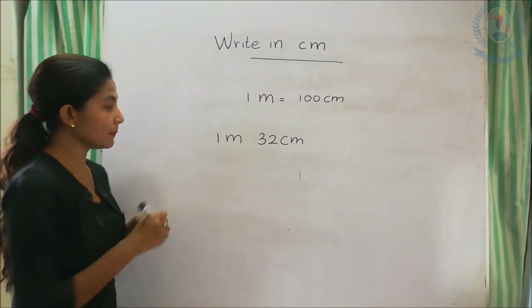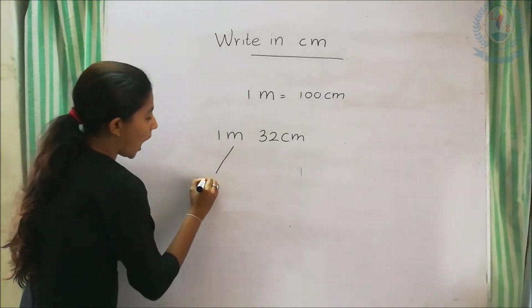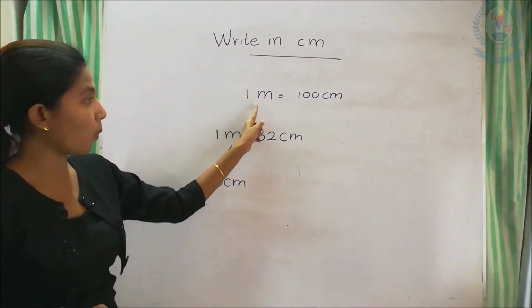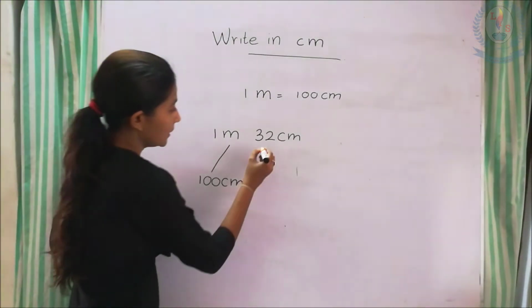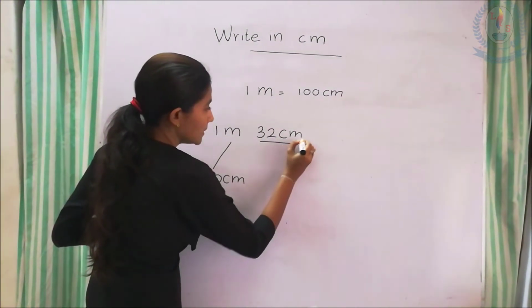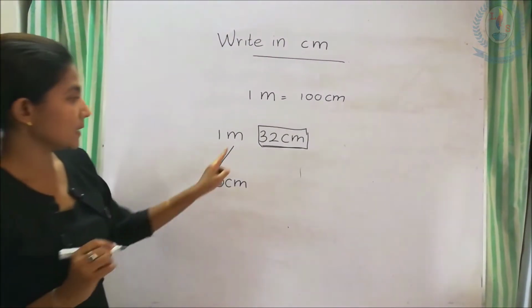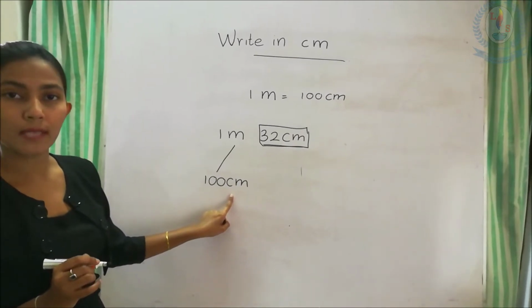So, 1 meter is 100 centimeters. Look here, 1 meter, 100 centimeters. This is already given in centimeters, so we have no need of converting this. This is given in meters, so we converted that into centimeters.